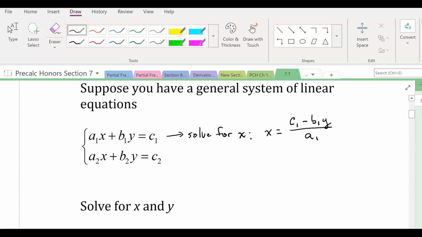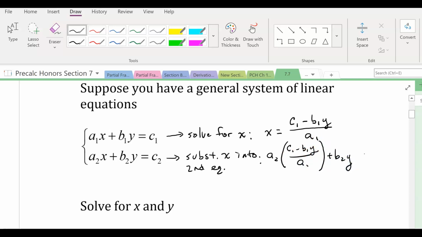Then, once we do that, we're going to substitute x into the second equation. Alright, so now we're going to have a2 times this whole thing here, c1 minus b1y over a sub 1, plus b2y, and that's going to equal c2.